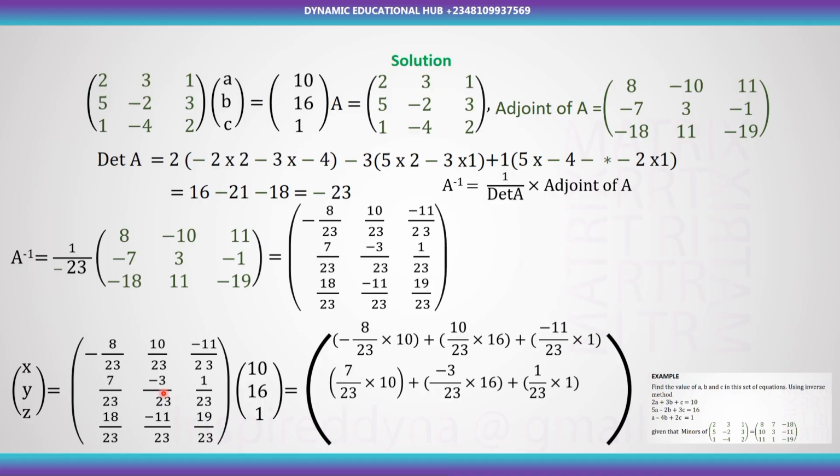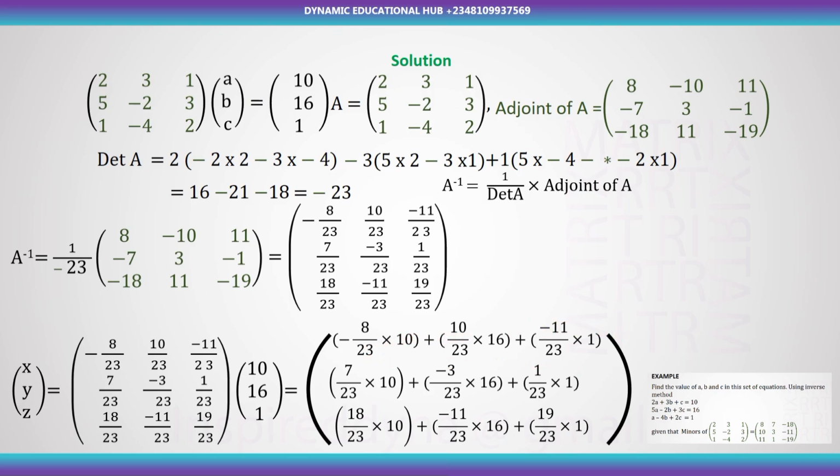For the second row, we are going to get 7 over 23 multiplied by 10, plus minus 3 over 23 multiplied by 16, plus 1 over 23 multiplied by 1. For the last row, we are going to get 18 over 23 multiplied by 10, plus minus 11 over 23 multiplied by 16, plus 19 over 23 multiplied by 1. So we can go ahead and evaluate all these expressions.